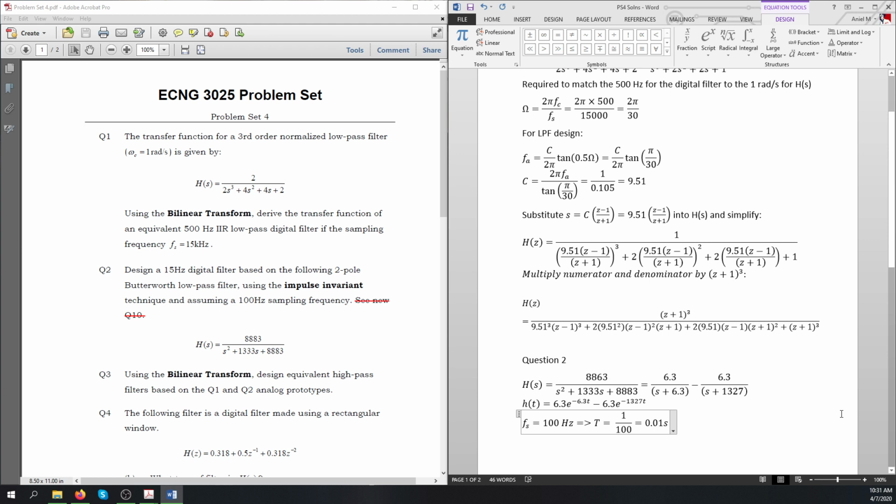So once we have it in terms of this sampling time, we can transform our h(t) into h(nT).